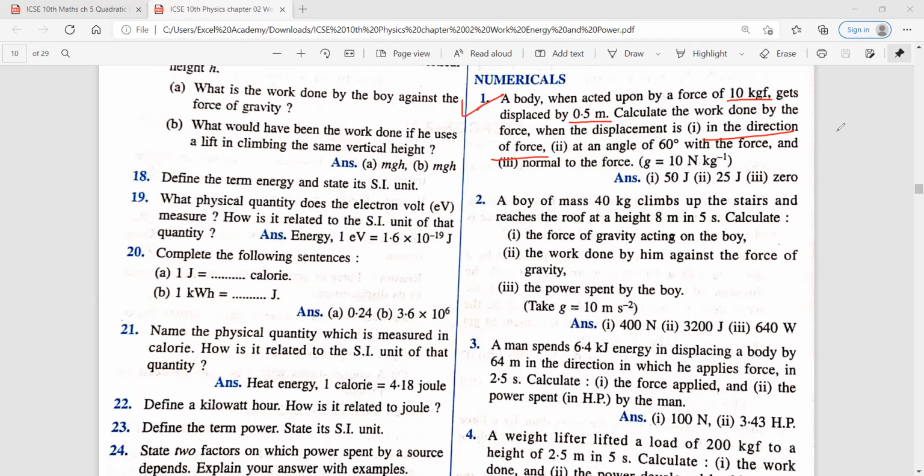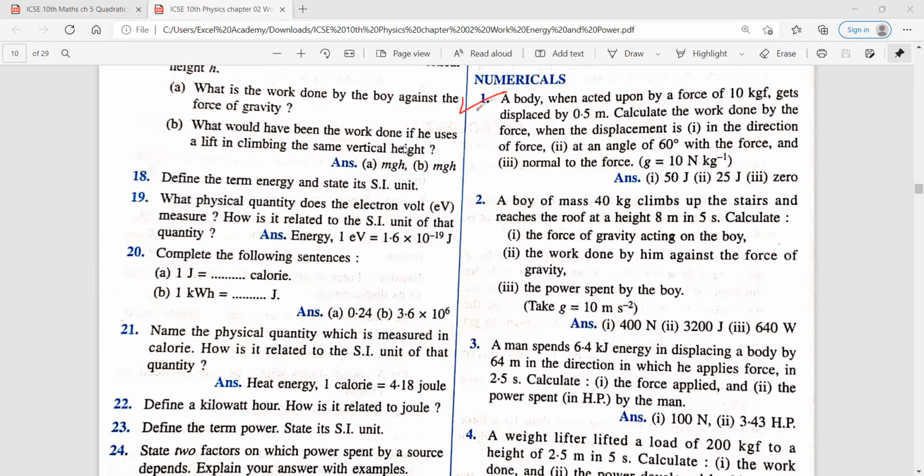W is equal to Fs, theta is equal to 0. Correct, very good. Or at an angle of 60 degrees with the force, म्हणजे theta 60 degree म्हणजे cos theta तुम्हाला यूज करायचा आहे. And normal to the force म्हणजे theta is equal to 90. Okay, great, very nice.